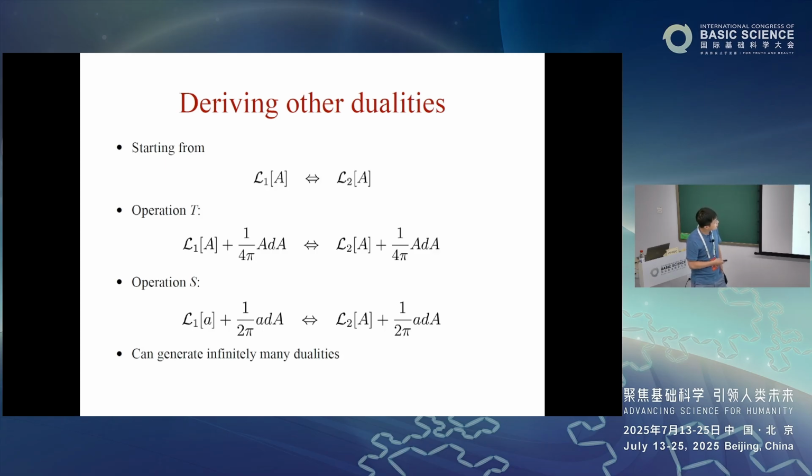But the nice thing about 3D is that you also get back a global U1 symmetry because of the conservation of the gauge flux. So in this way, you get another duality that takes this form. And then you can keep doing this sort of thing. You can perform an S and then a T and another T and then an S. Keep doing that. This way you generate infinitely many more dualities.